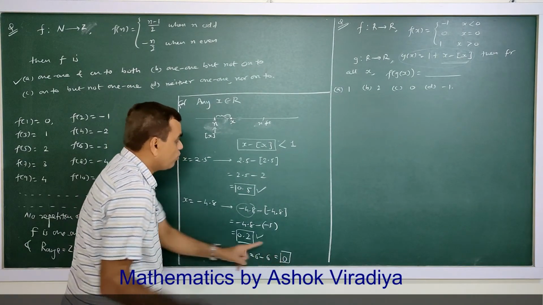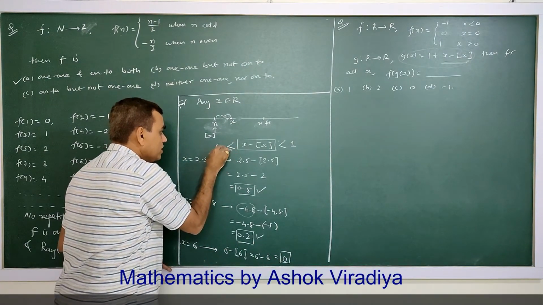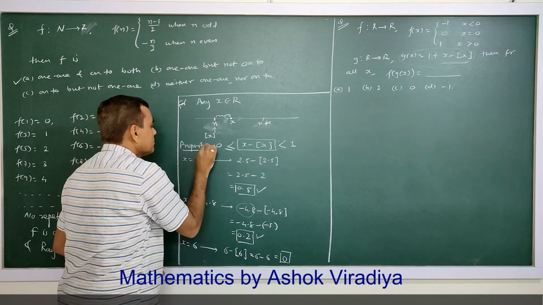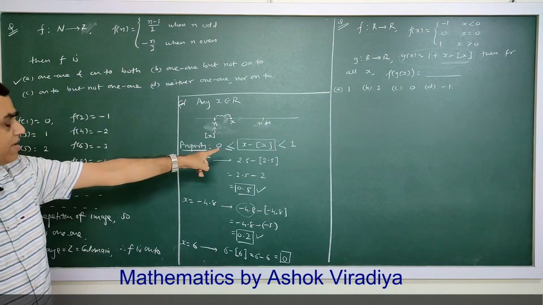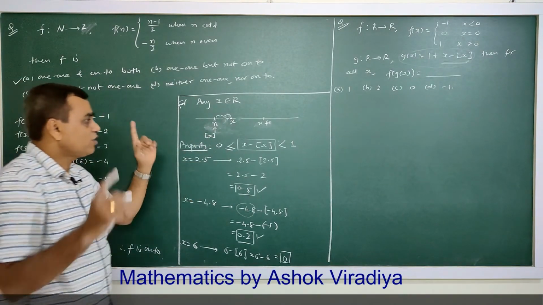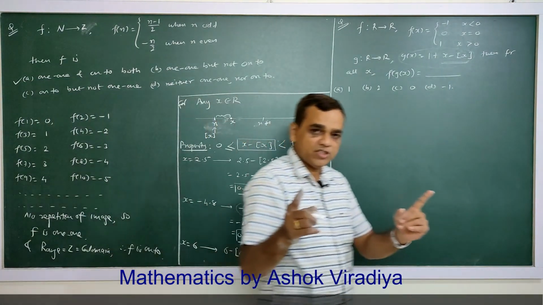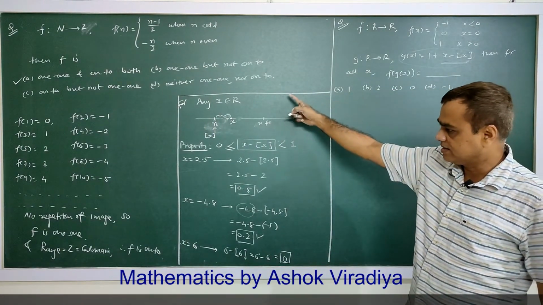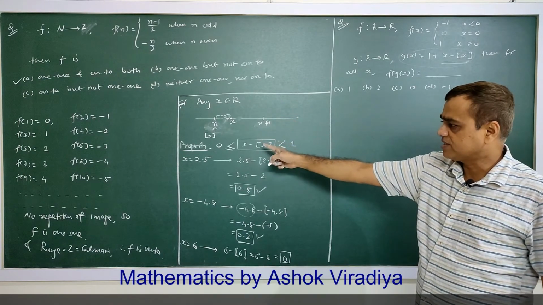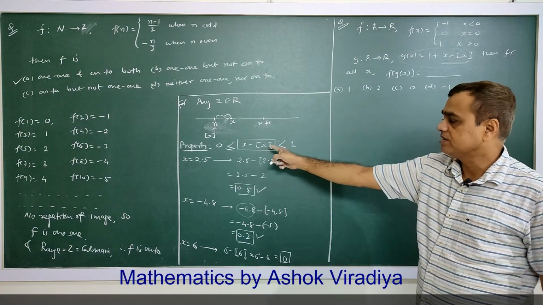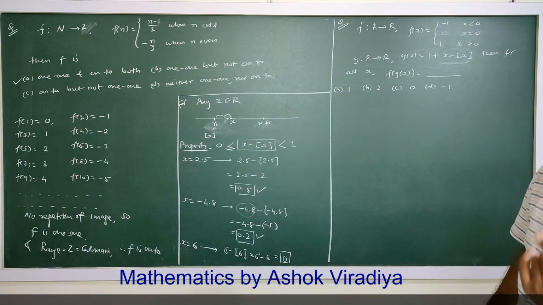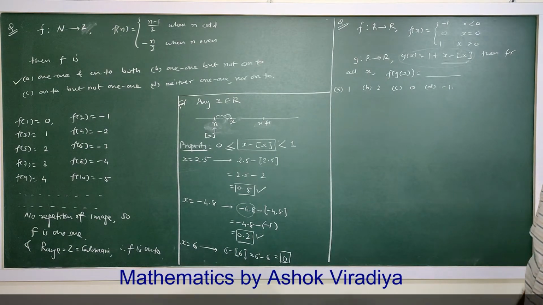It can be equal to 0. So this is the property of this function: x minus [x] is always between 0 and 1. Keep in mind, for any x belonging to R, x minus [x] is positive but less than 1, and it can be 0.